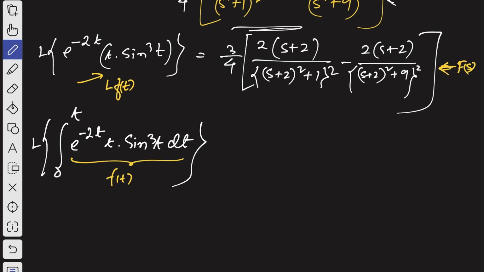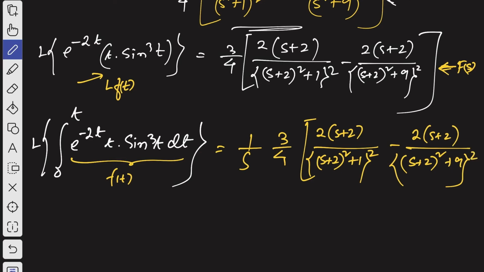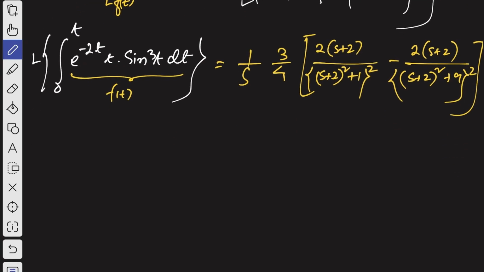Hope you have understood. Then we should get 1 by s capital F of s. Here capital F of s is 3 by 4 into 2 into s plus 2 divided by s plus 2 whole square plus 1, then again whole square, minus 2 s plus 2 by s plus 2 whole square plus 9 again whole square, right?